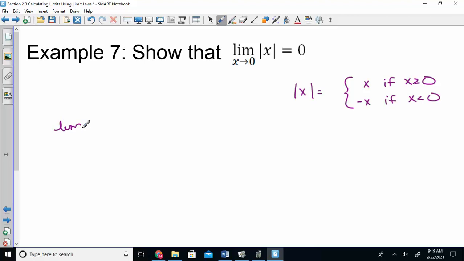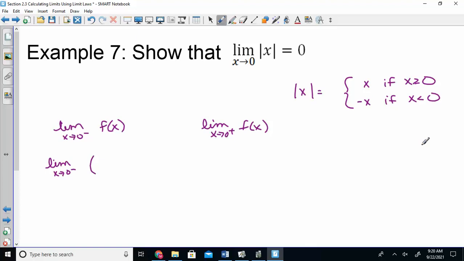So let's do the left and the right hand limits. I want to do the limit as you approach 0 from the left of our function, and the limit as you approach 0 from the right of our function. If you are approaching 0 from the left, that means you are plugging in things smaller than 0.